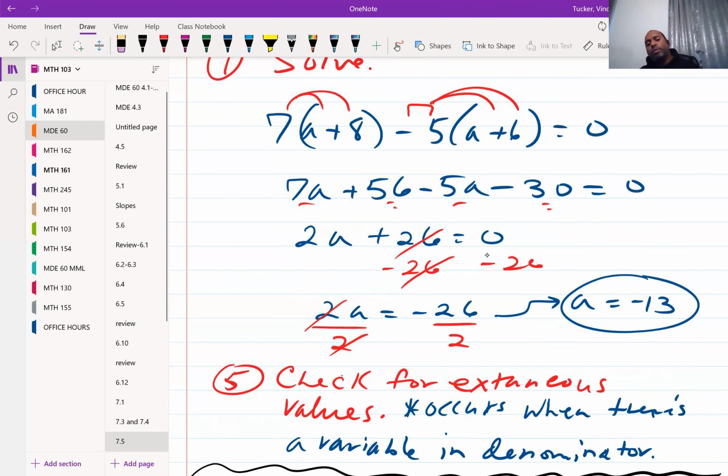So there was not a variable in our denominator. So when we have one in the denominator, then we'll talk about what that means. But that is your last step when it comes to solving these rational equations. You want to check for extraneous values. Those would be values that we cannot use. Sometimes people do that first, sometimes do it last. As long as you do it at some point, you should be good to go.